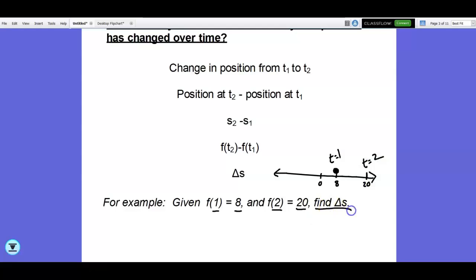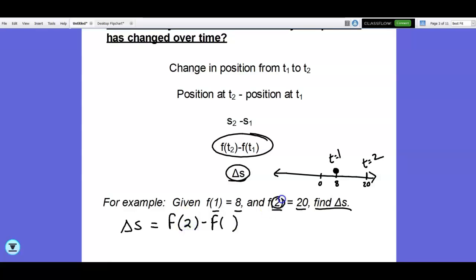Okay? Now this question is asking us to find delta S. Well, delta S is equal to f of T2 minus f of T1. Now T2 means my second time, T1 means my first time. My second time was 2 seconds. My first time was 1 second. And from the data here, f of 1 equals 8 and f of 2 equals 20.